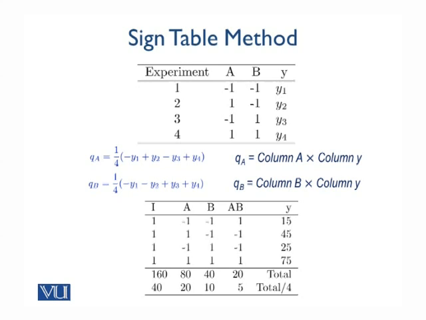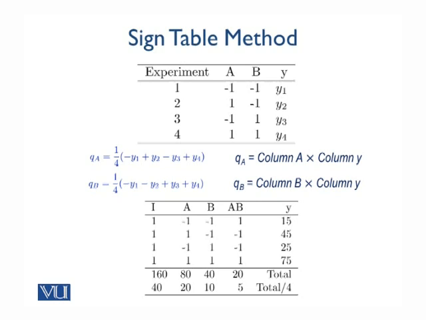For B we would write -1 -1 plus 1 plus 1. If we had a third factor, we would have written -1 4 times and plus 1 another 4 times. If you had another factor, similarly you would keep on extending according to this binary logic. So I hope this is clear.